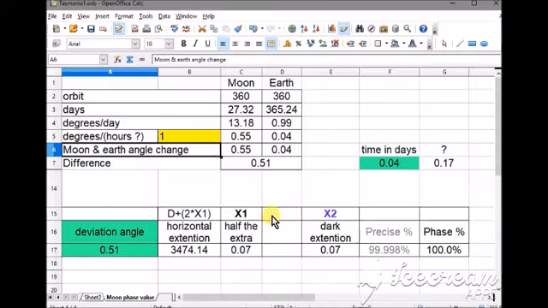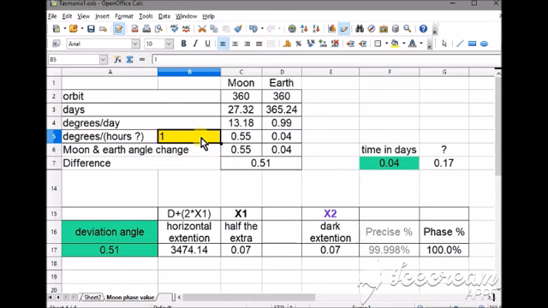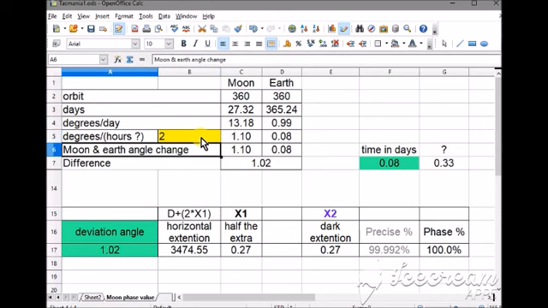Right, so now let's put 2 hours. At 2 hours, the precise moon phase is reducing to 99.992, and that will be rounded to 100.